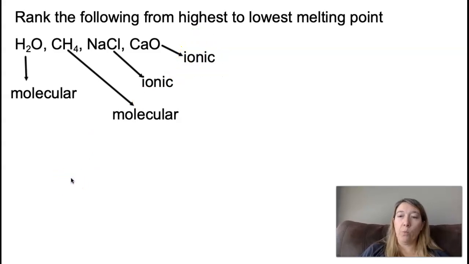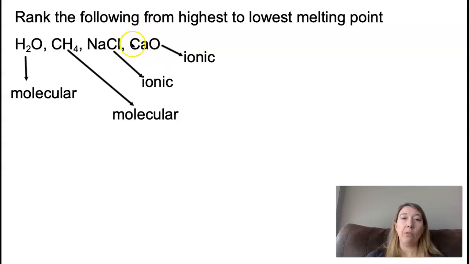So if we think about the ranking that we set on the previous slide, we said it goes network solids. We don't have any of those. Then it goes ionics. So we have two ionics. We have sodium chloride, we have calcium oxide. So to be able to rank between the two of them, I want to look at what kind of charges do I have. So NaCl, we have a +1 and a -1. In CaO, we have a +2 and a -2.